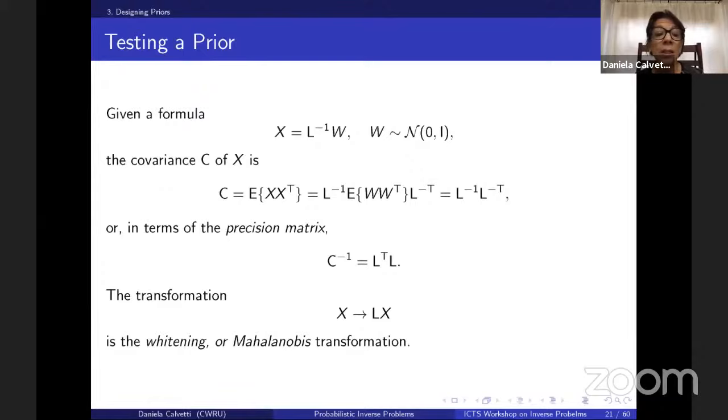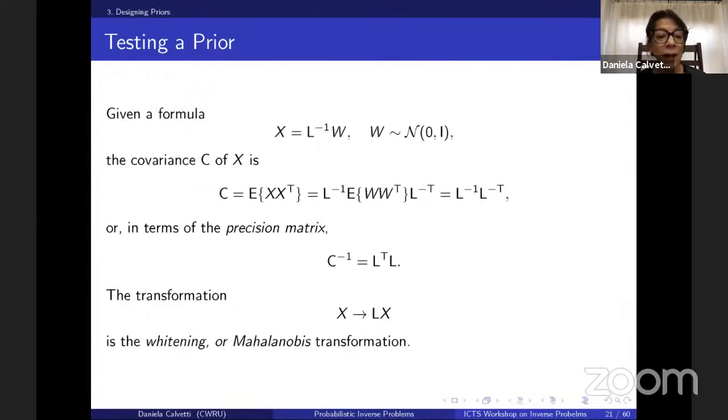The inverse of the covariance is usually called the precision matrix. Now I take the inverse of the covariance using its factorization here, and we get that the inverse of the covariance is L transpose times L. It's a really nice symmetric factorization of the covariance.